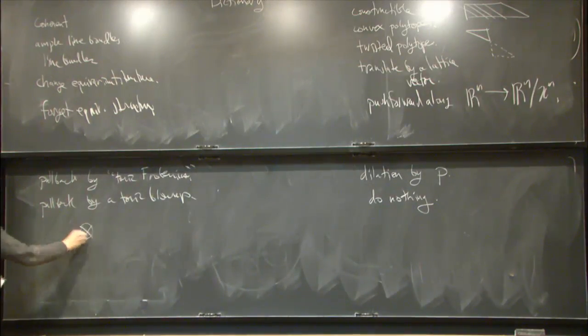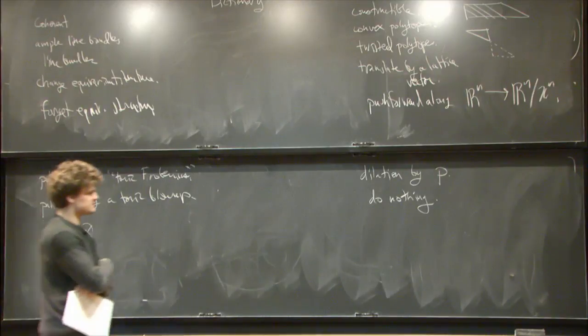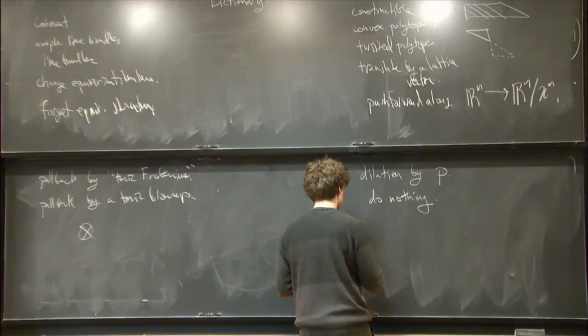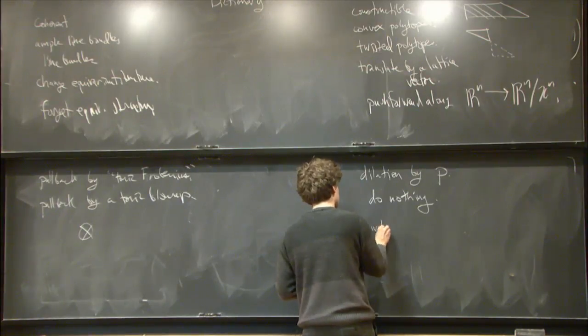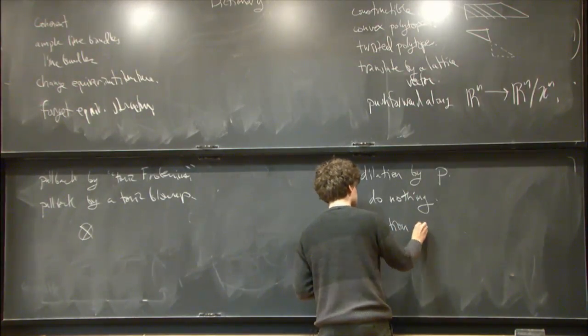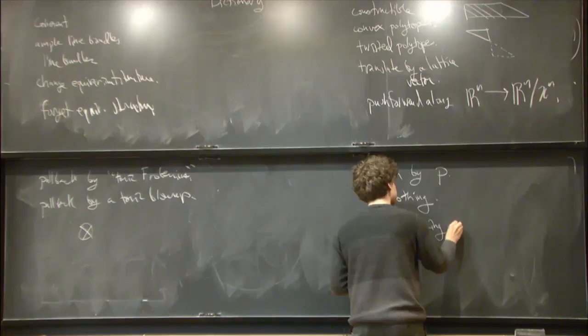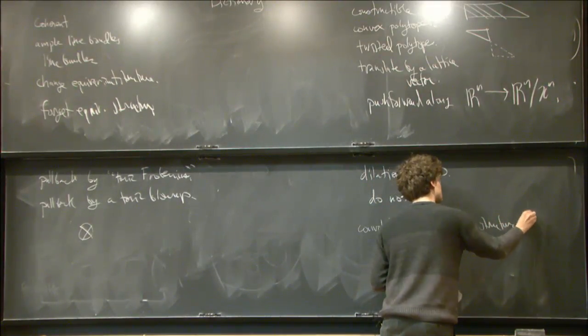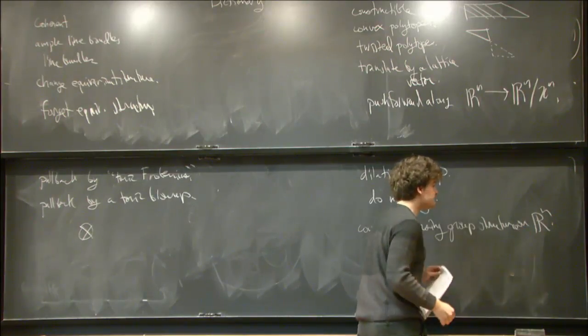You could take the tensor product of two sheaves. That corresponds to, well, Rn is a group, so it's convolution of sheaves using the group structure on Rn.